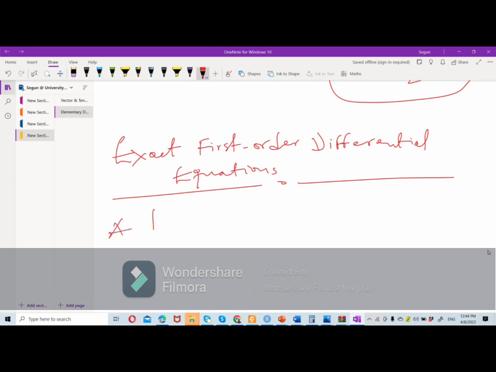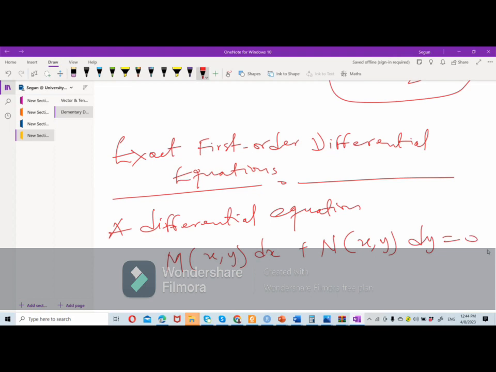So a differential equation M of x comma y dx plus N of x comma y dy equals 0.